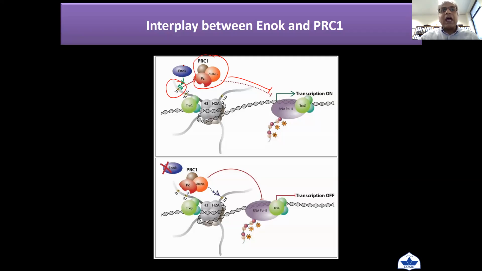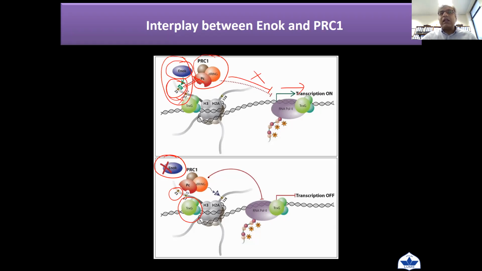So when Enoch is there, it's catalyzing H3 lysine 23 acetylation. It's positively regulating trithorax, and all of this is inhibiting PRC1. So this inhibitory effect of PRC1 on transcription is no more there and the gene is on. However, when Enoch is gone, trithorax is there still, but H3K23 acetylation is missing.